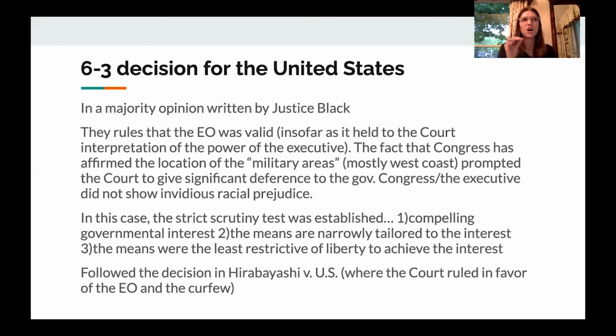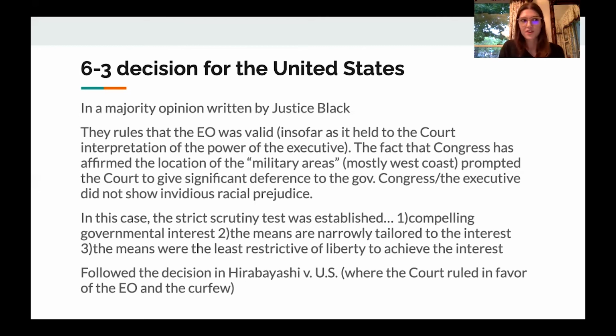If they're causing other effects, they're not narrowly tailored to achieve the government interest. And one of the things about this test that makes it difficult and hard to pass is that the means have to be least restrictive. So this is essentially narrowly tailored, except least restrictive means there cannot be any more restriction upon liberty than is absolutely necessary to achieve the governmental interest.